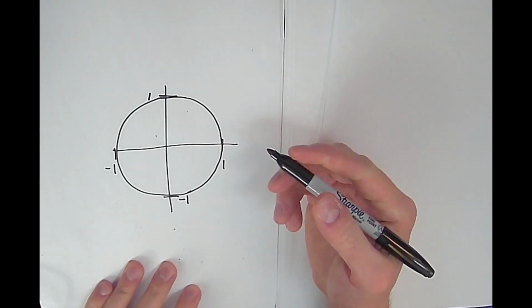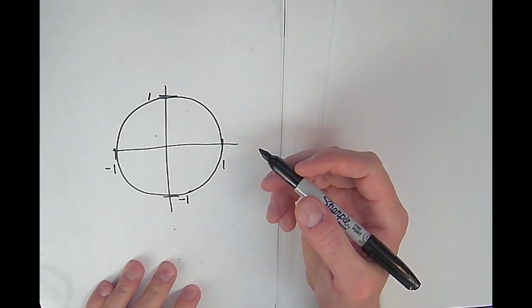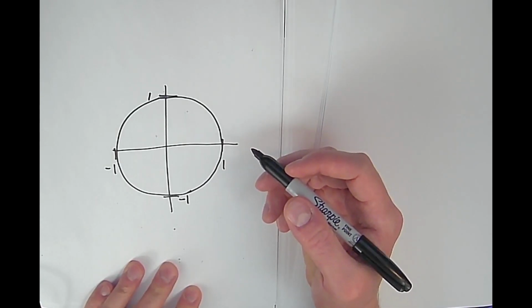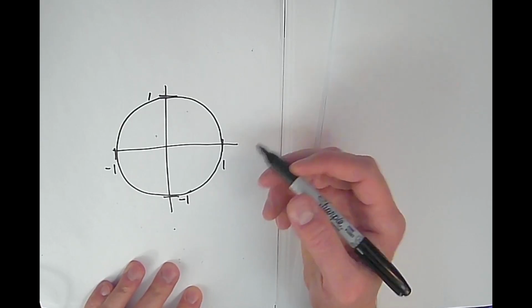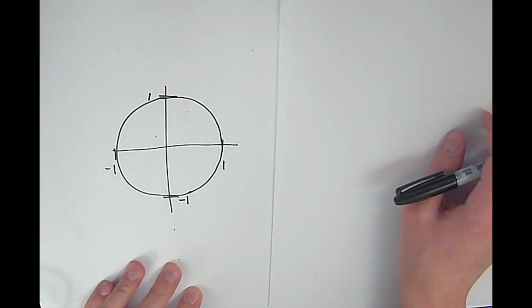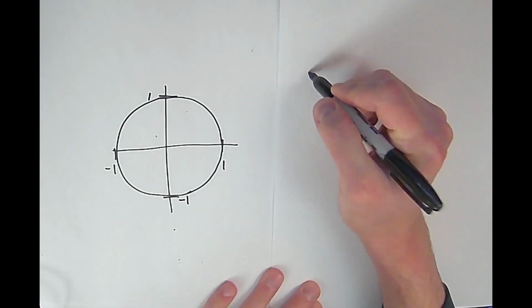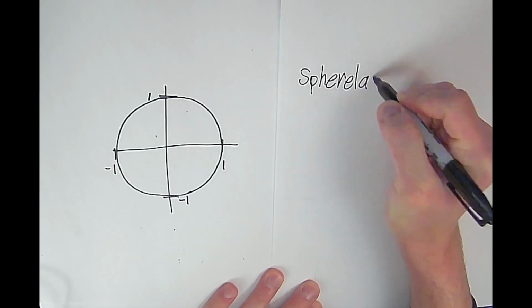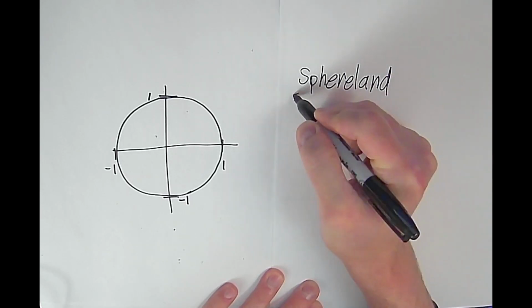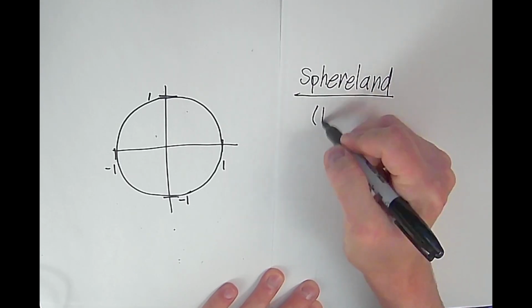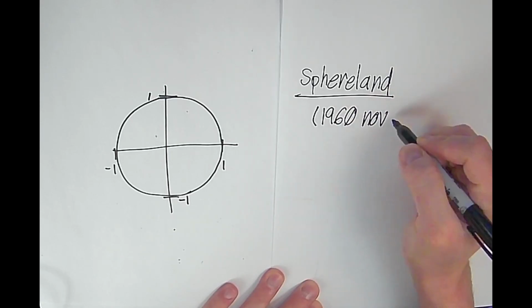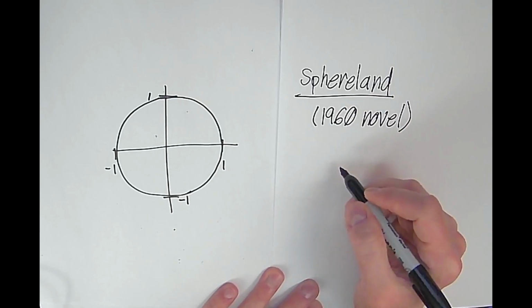Maybe that comes from Flatland, or rather Sphereland, which is a really good book. Sphereland is an unofficial sequel to Flatland. It was written in 1960 by Dionys Burger.